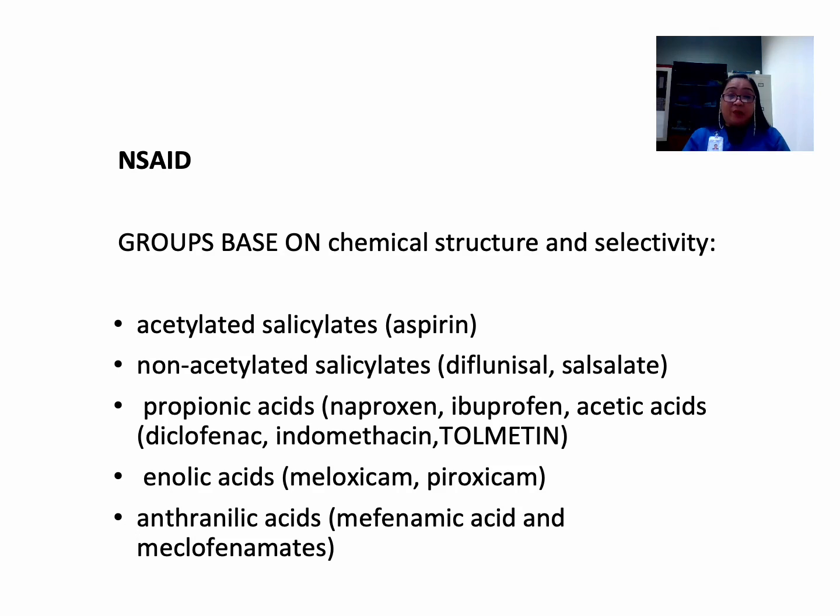Third one is propionic acid, examples are naproxen and ibuprofen; acetic acids such as diclofenac, indomethacin, and tolmetin. The fourth one is enolic acid, examples are meloxicam and piroxicam. And the fifth group of NSAID is anthranilic acid, examples are mefenamic acid and meclofenamate.